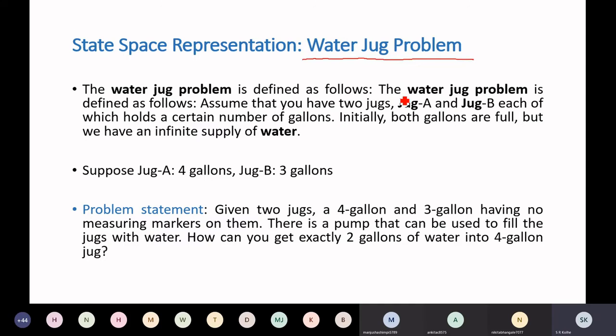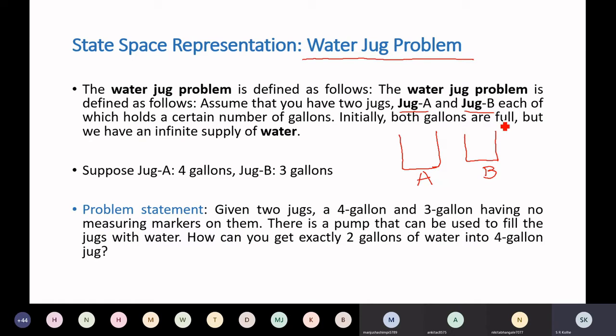In the water jug problem, you have two jugs, water jug A and water jug B. For example, this is jug A, and another jug we have, that is jug B. Each holds a certain number of gallons, so it has the capacity of holding water.